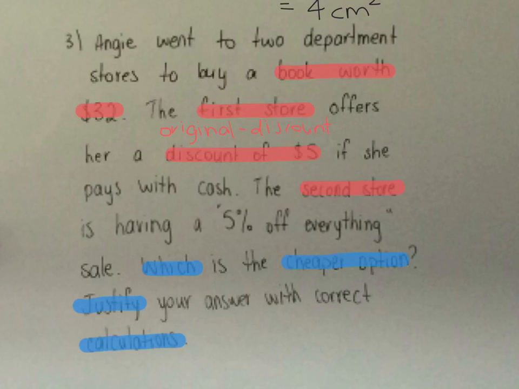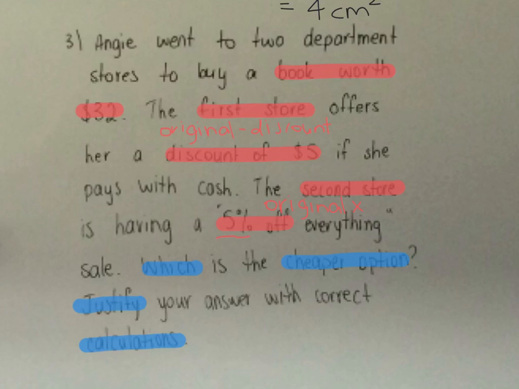The second store is having a 5% off everything sale, meaning that every item in the store has been reduced by 5% of its original cost. So this calculation involves us taking 5% of $32 off the original cost of the item. We know that we can do this very quickly by multiplying the original cost of the item by the percentage that we would have left.